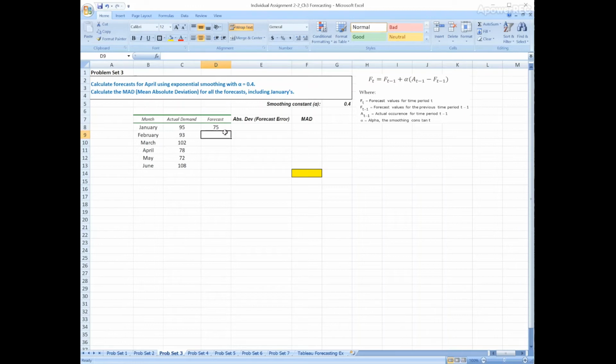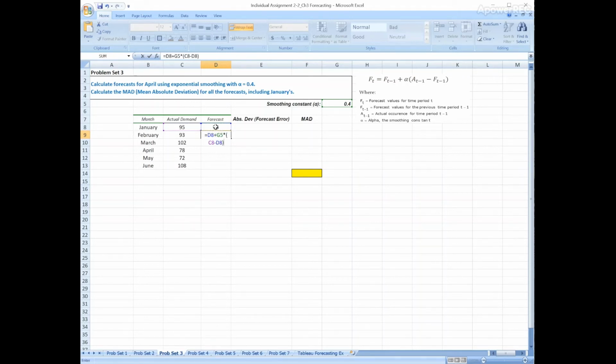Essentially, what's going on in an exponential smoothing technique is that the forecast for one period is equal to the forecast for the prior period, adjusted either up or down based on the error of that forecast in the prior period. So our forecast for February will equal the forecast from January, 75, plus 0.4, the smoothing constant, times the forecast error, which is defined as the actual demand in January, 95, minus what was forecast for January, 75.